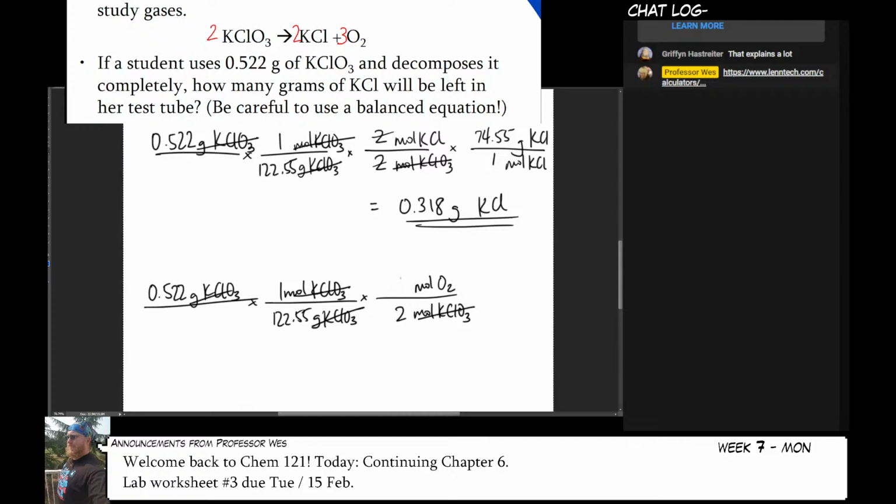So still 2 of these, but now I have 3 of those because there's a 3 for my oxygen. And then this last part here, how many grams of O2 are there in a mole? I go to Lenntech, and I got 32.00. So how many grams of oxygen are there? 0.522 times 3 times 32 divided by 122.55 times 2. And I get this.